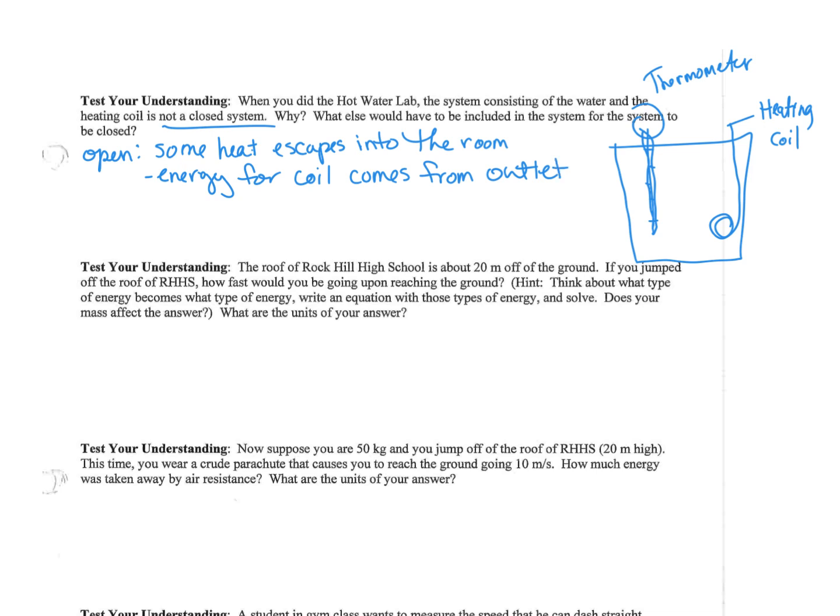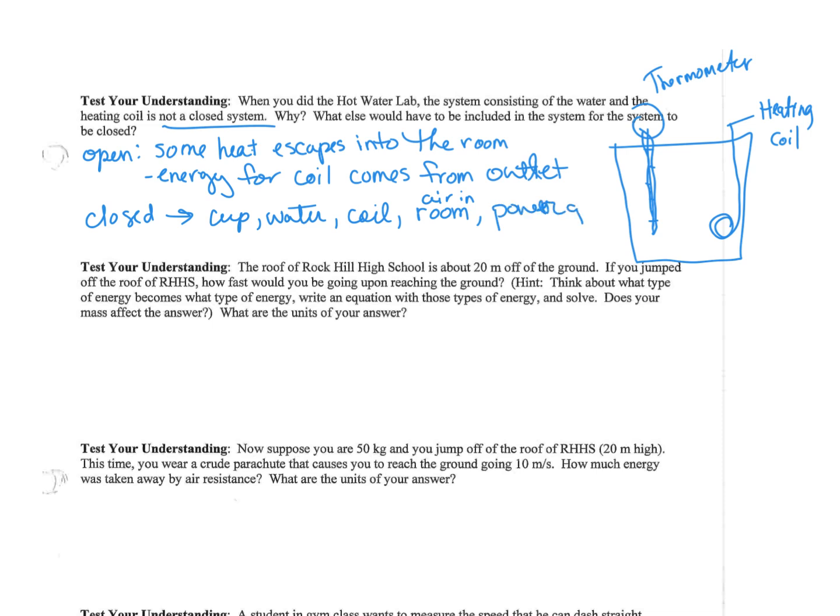right? So how do we make it closed? We would have to include what? Our original system. We'd have to include the cup, the water, the coil, the room, the air in the room, the power grid, you can see how this gets crazy.